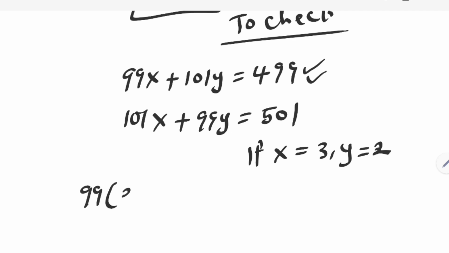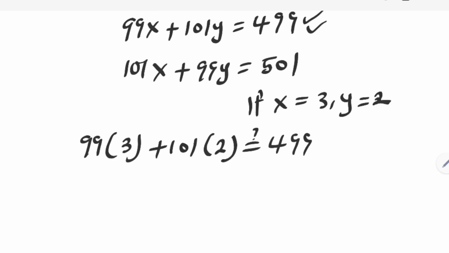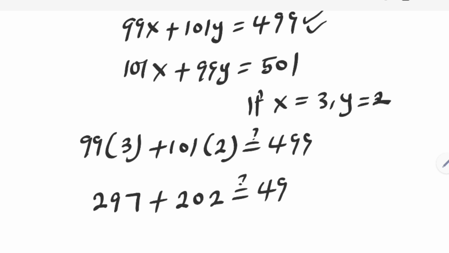99 bracket 3 plus 101 bracket 2 must be equal to 499. Then 99 multiplied by 3, this is 297 plus 101 multiplied by 2, that is 202, must be equal to 499.